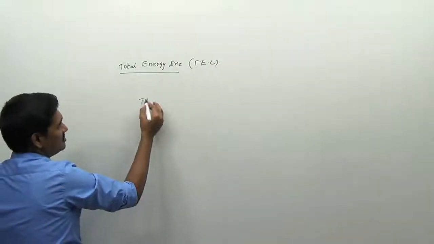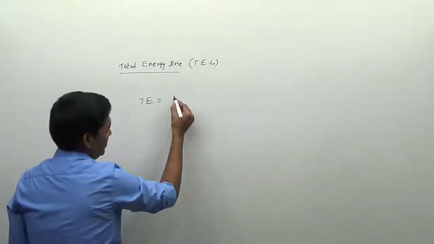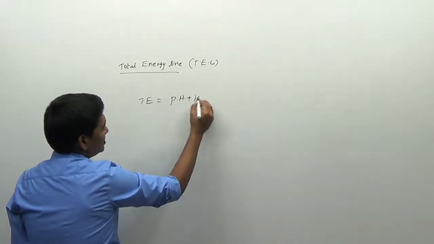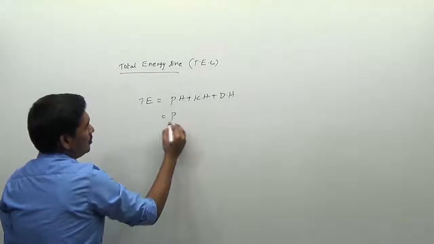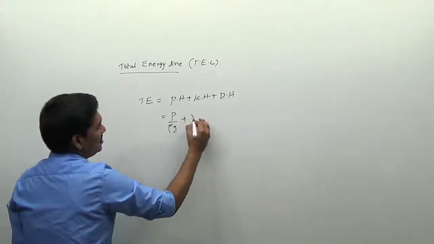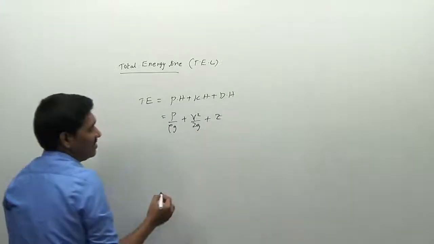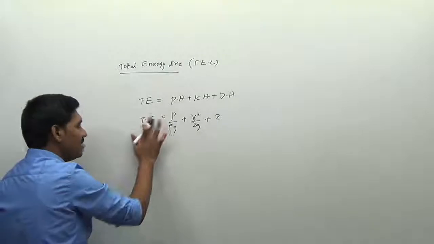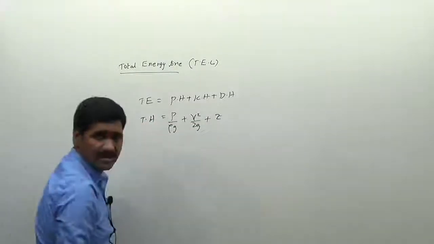The total energy of the fluid at any point in a flow is defined as the pressure head plus kinetic head plus datum head, which is equal to P by rho g plus V square by 2g plus Z. This is called the total energy, or the total head.